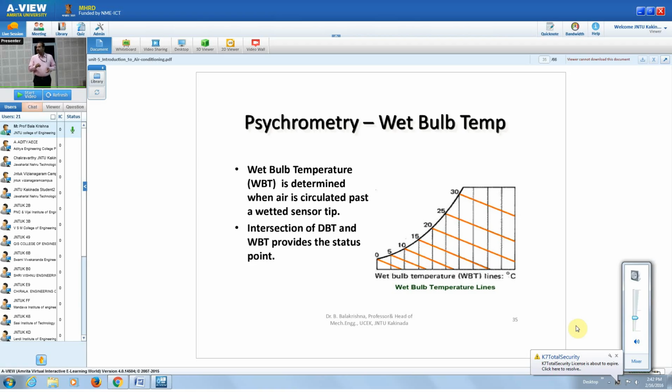This is the point, and from this point you can say what is the specific volume, what is the relative humidity line, and what are the specific humidity lines. You can say all this once you know the 2 points. So these inclined lines are called the wet bulb temperature.